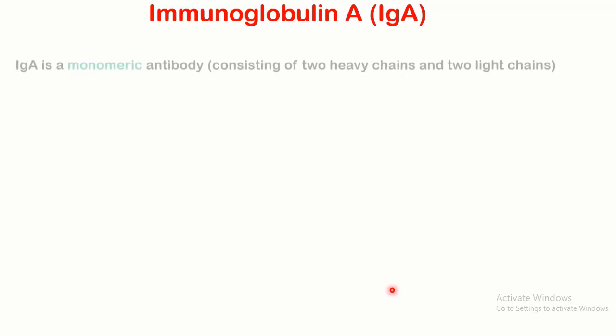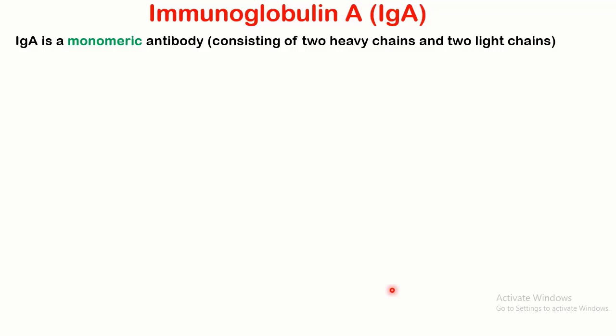Now let us talk about the immunoglobulin A. The immunoglobulin A is a monomeric antibody, and it contains two heavy chains and two light chains. You might be thinking that you have read somewhere that the immunoglobulin A can also be found in the dimeric form. If you are thinking so, you are absolutely right.